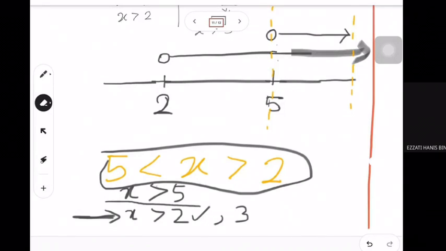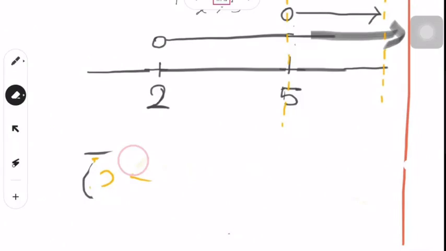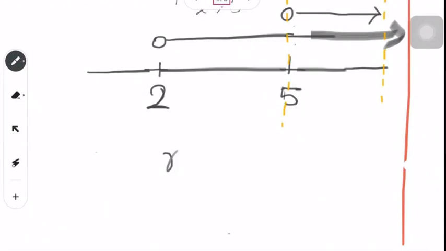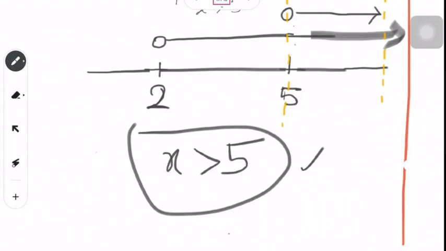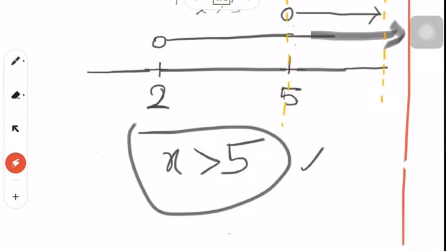Cara tulis ni, you combine this bila dia duduk tengah-tengah, bila shaded region is in the middle. Macam yang tadi. But in this case, everything is on the right. You can just write like this. X is greater than 5. Satu je. Macam tu je. Sebab dia duduk belah kanan ni kan? So sekali je. Tapi kalau dia overlap kat tengah-tengah macam tadi, kita boleh buat macam ni lah.